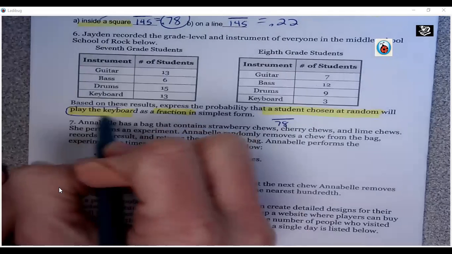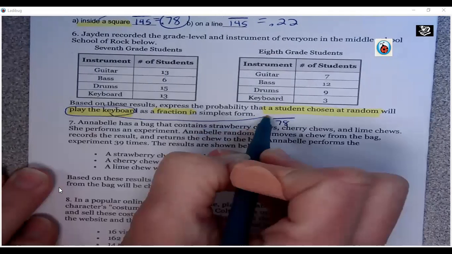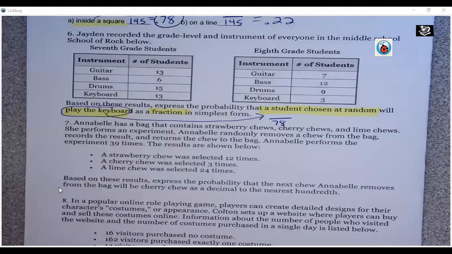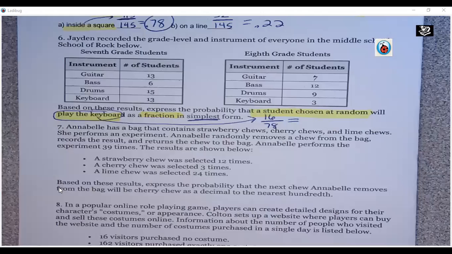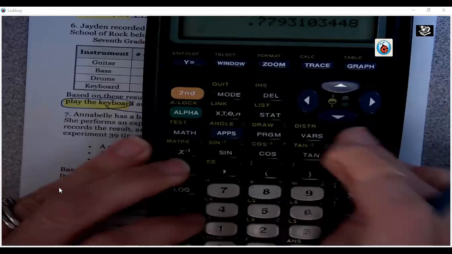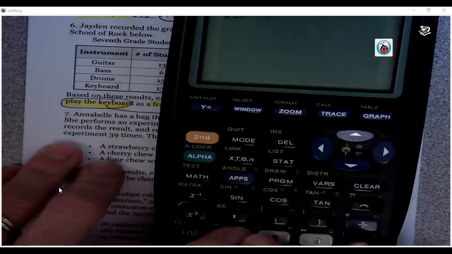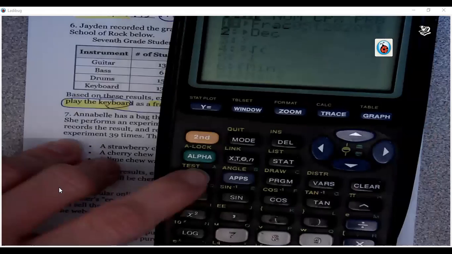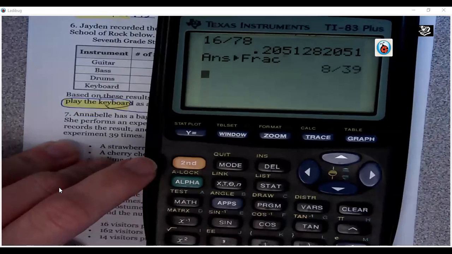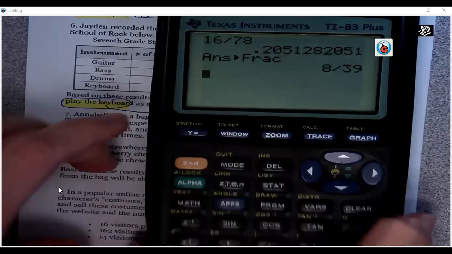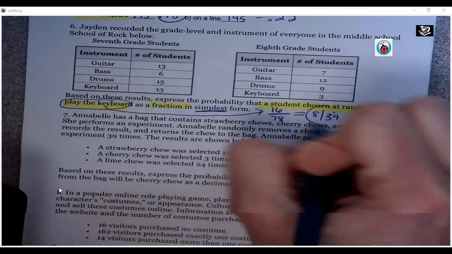So that's what's going to go on top. How many total students play the keyboard? 16. 16, very good. And we have to make sure we reduce it if possible. So 16 over 78, math, enter, and 8 over 39. So that is my answer, okay?